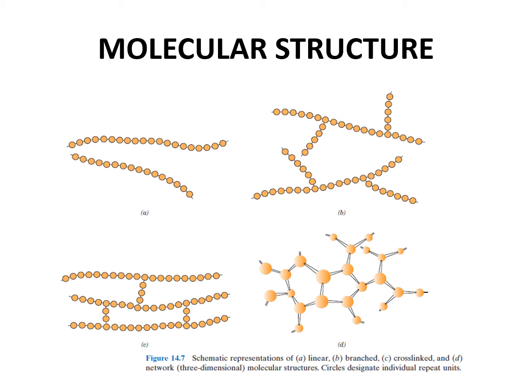When branches are formed, the packing efficiency is reduced in polymer molecules. That results in lower density in the polymer.